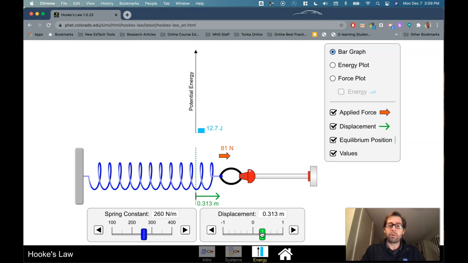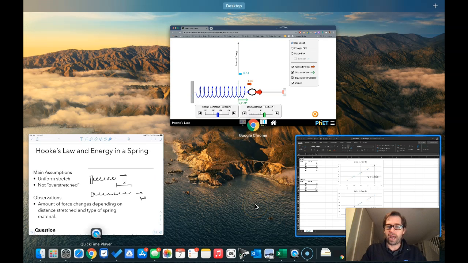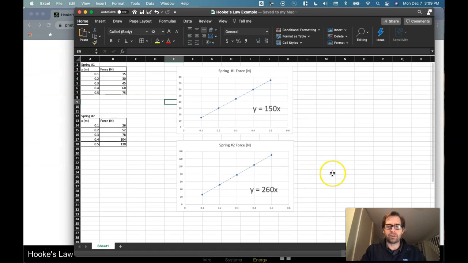I put this into Excel to make a graph. Here are the two graphs that I made, one with one spring, and another with a different spring. For each, I'm stretching the same amount of distance, and I tried to keep the numbers simple so you could probably see these relationships just by looking at the graph.